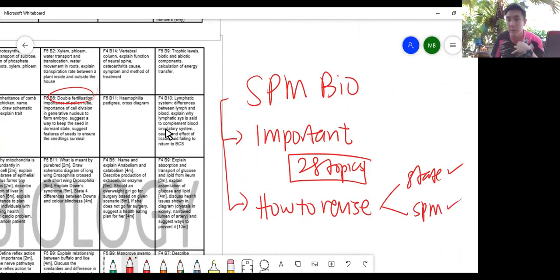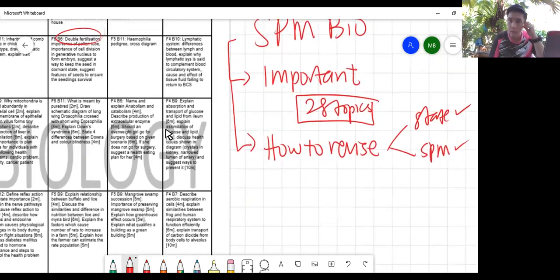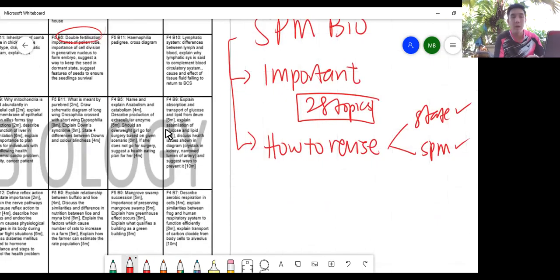Are you able to answer most of the questions from SPM for the past 6-7 years? Sir, can. And of course, after knowing what is important, you know how to revise: active revision, question and answer, question and answer. Then one last round before your SPM, you have to just browse through everything.